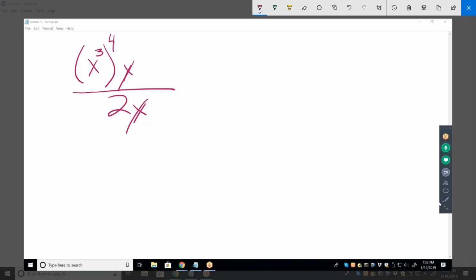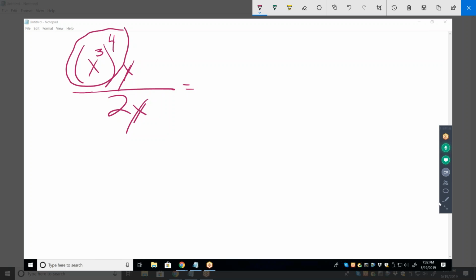Now, we have to worry about your rules of exponents. What's that equal to? Isn't that just x? We're talking about x to the third, all to the fourth power. Are you seeing my screen? Are you seeing what I have circled?